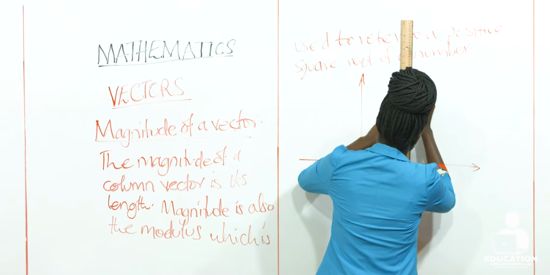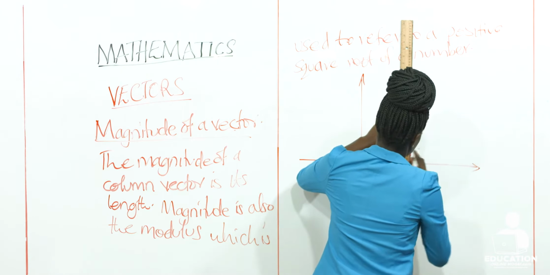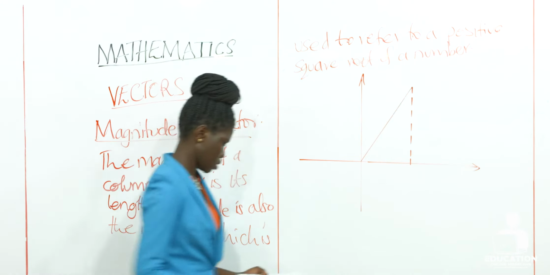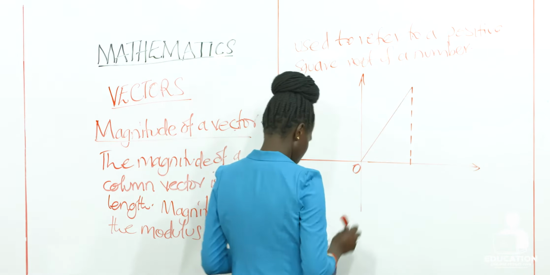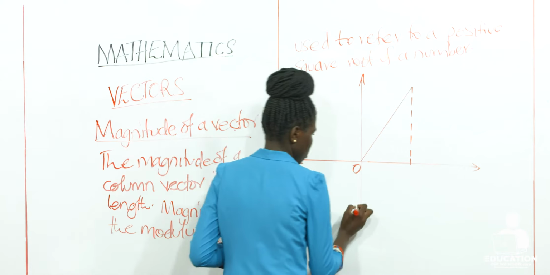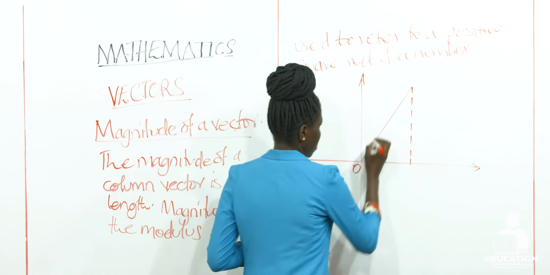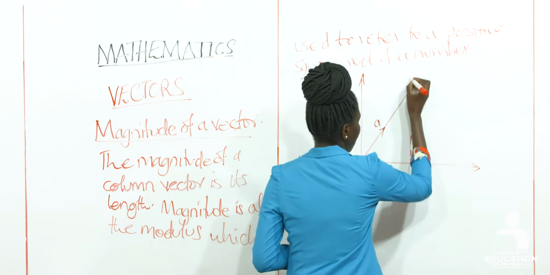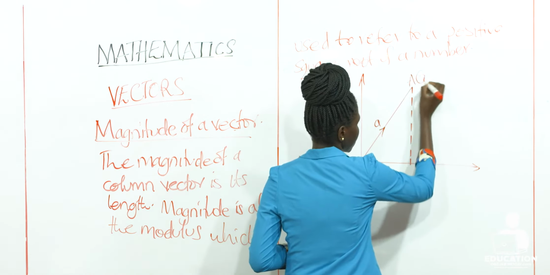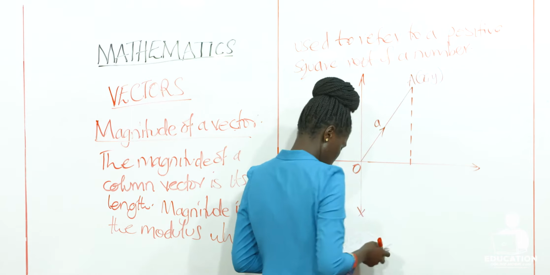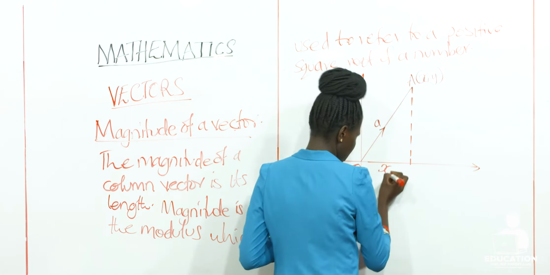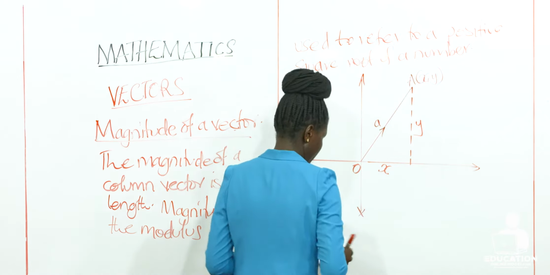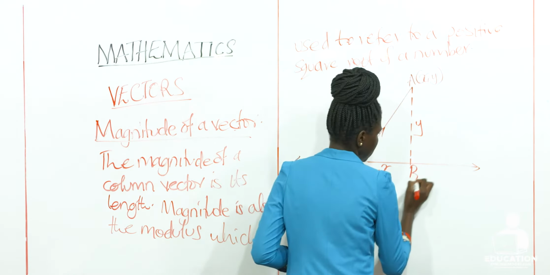This is the movement of our vector. This is the origin. This is the direction which we are saying it is A. And this is point A where we shall have x and y. Then this is our x. And this is y. And this is point B.